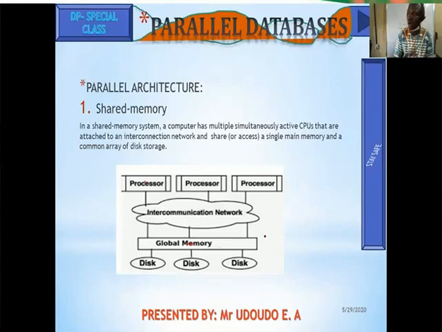2, a common memory is shared. Then on the disadvantage side, if more hard disks or more CPUs are added to this architecture, it may get to the point whereby there will be what we call scalability problems. When we say scalability, what does it mean? Like you have a door in your house.